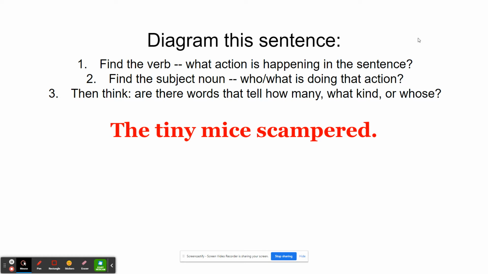And then who or what is doing that verb? And then any words that tell how many, what kind, or whose of that noun.